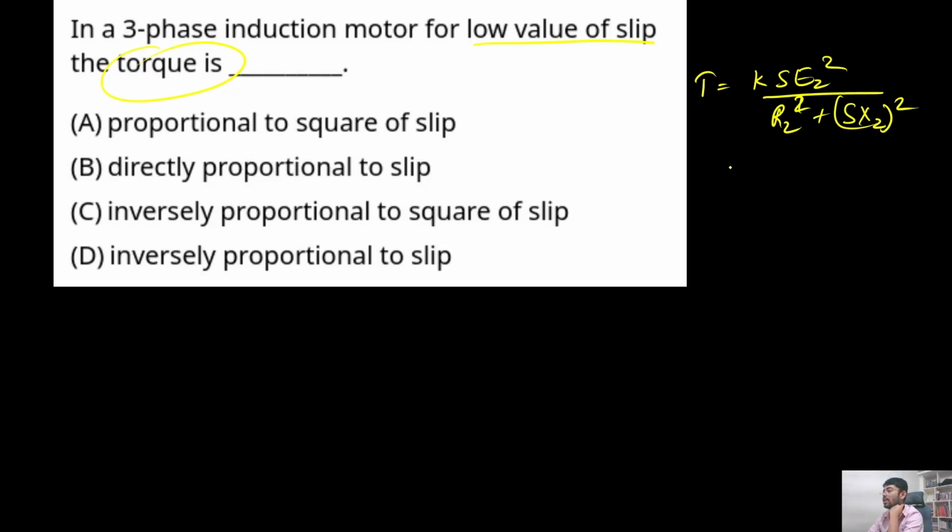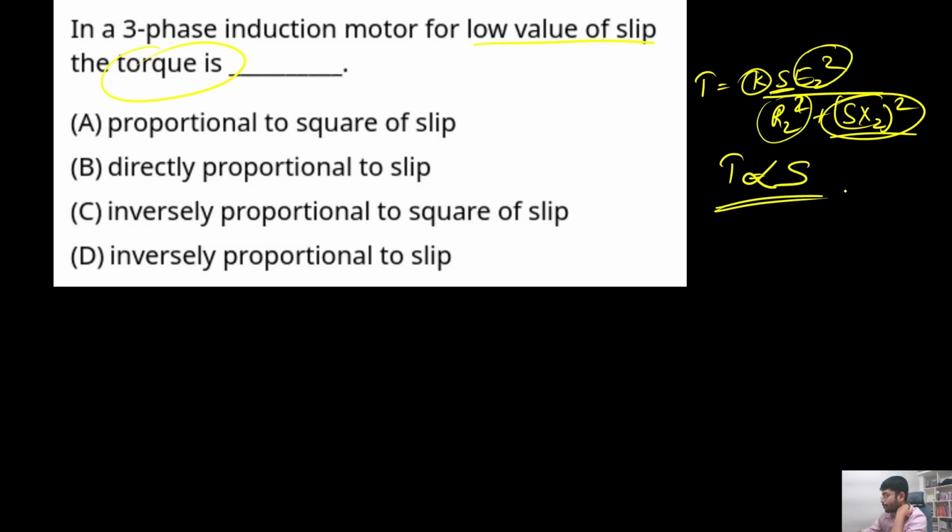So for low values of slip, as it is low values of slip, this sX2 term will become negligible, and R2 is constant, so this K is constant, E2 will be a variable. So torque is directly proportional to slip. You can also see slip equal to 0, slip equal to 1, torque. It would be something like this characteristics.